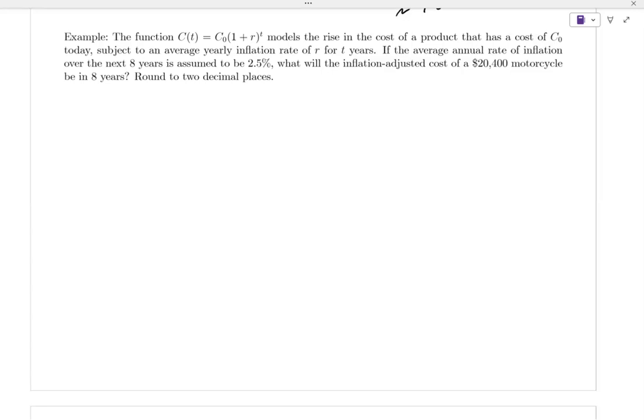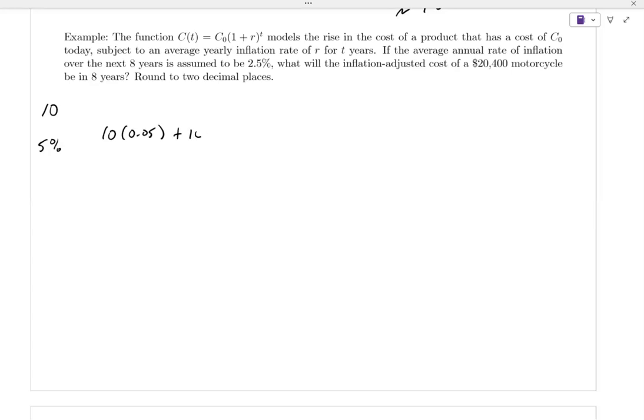The reason for that particular form, just to talk about why it looks like that: if you had something that costs $10 now, and you know that inflation was 5%, if you wanted to know what it cost in a year, what would I have to do? Well, I'd have to figure out how much it raised, right?